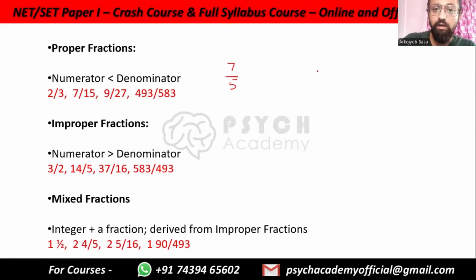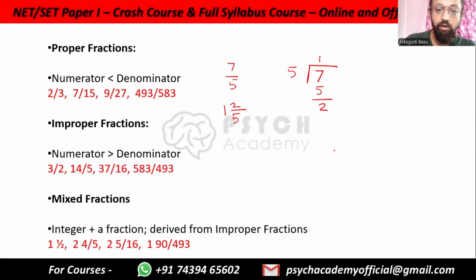So we take the numerator, we divide it by the denominator. So 5 into 1 is 5, and 2 is left out here; we cannot divide 2 anymore by 5. So we simply take the quotient as the integer, that is 1. We take the remainder as the numerator and the divisor as the denominator, 1, 2 by 5.